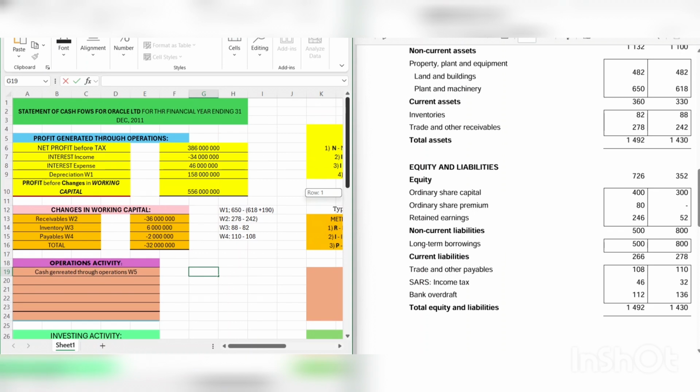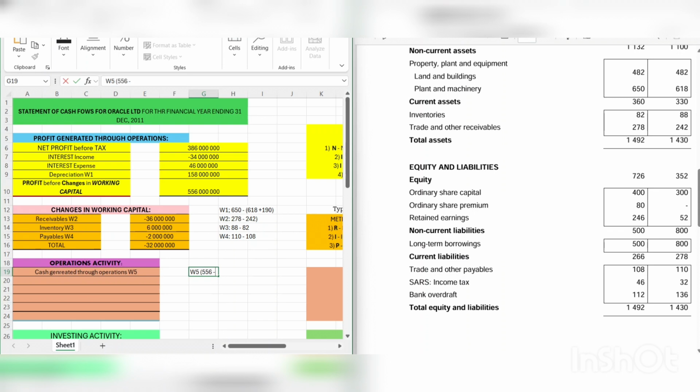Cash generated through operations, and you're going to put your work in for 5. All right, and then beside that, we're going to have a look. If you recall, I did say to you that in order to get this answer, you'd have to take our profit before changes in working capital, and you will subtract the total from your changes in working capital.